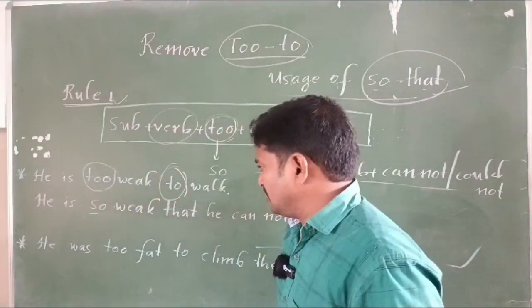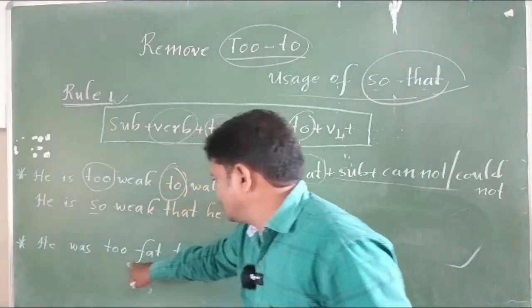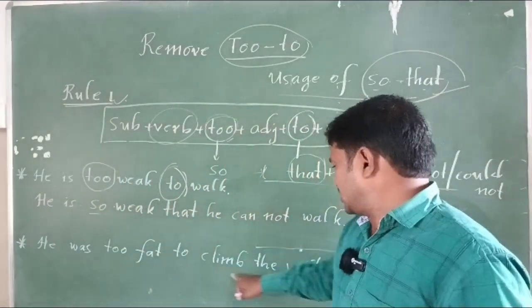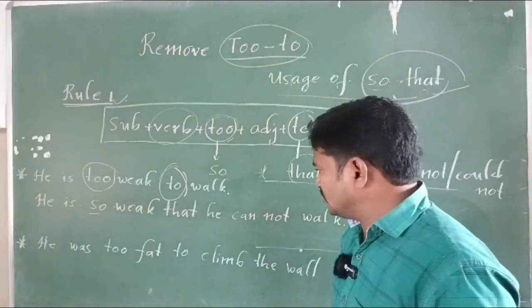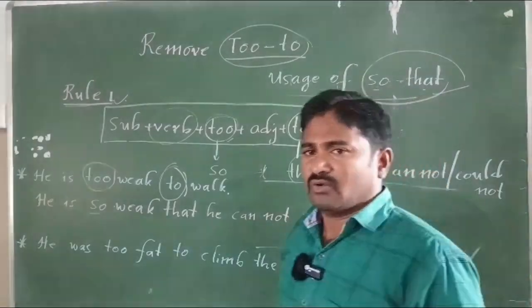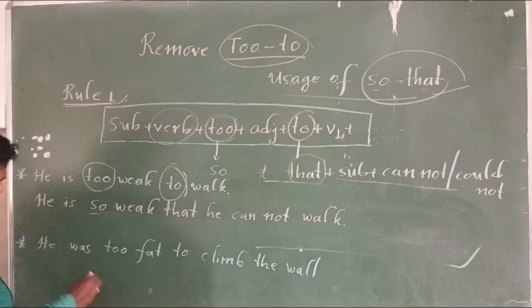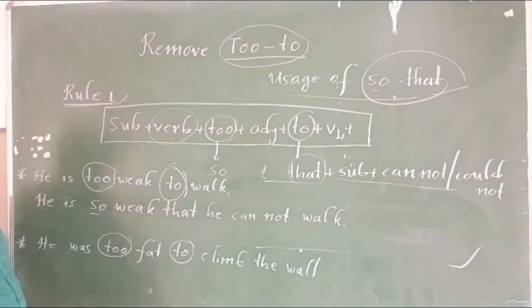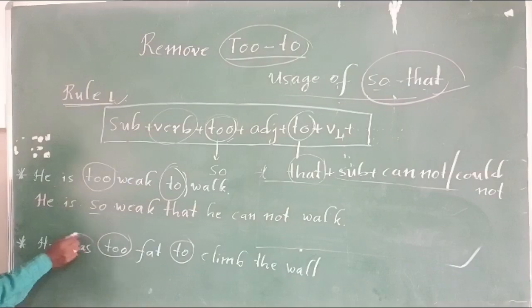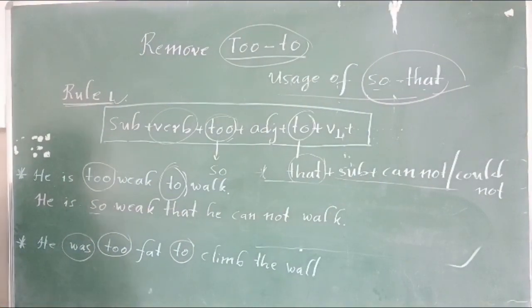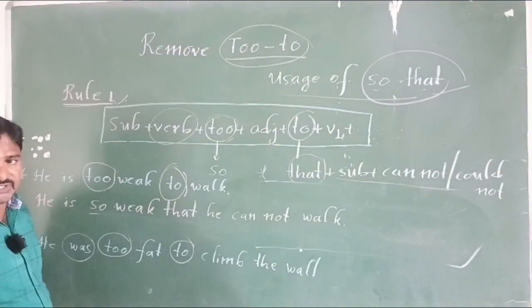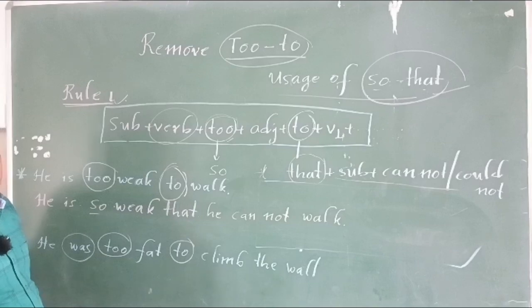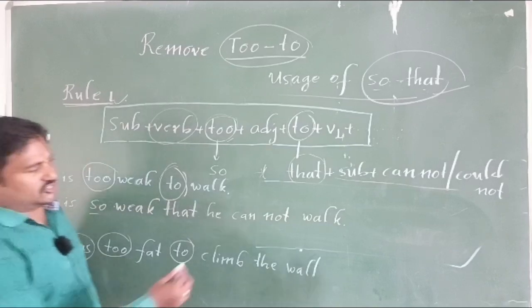What is the next example? He was too fat to climb the wall. Same as before, in place of "too" we'll use "so", and in place of "to" we'll use "that". Because here the be form is in the past form, we can use could not.